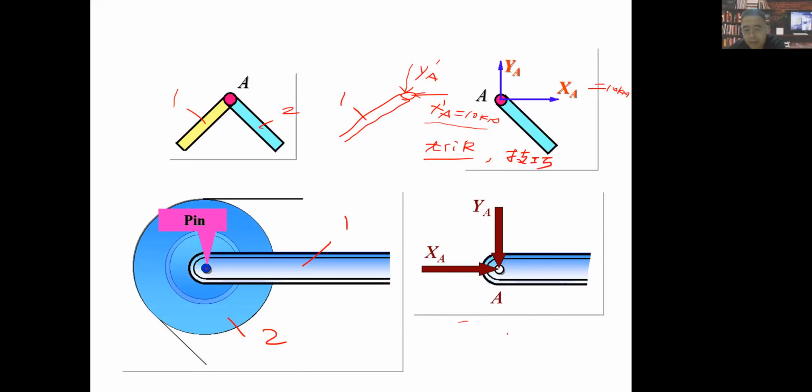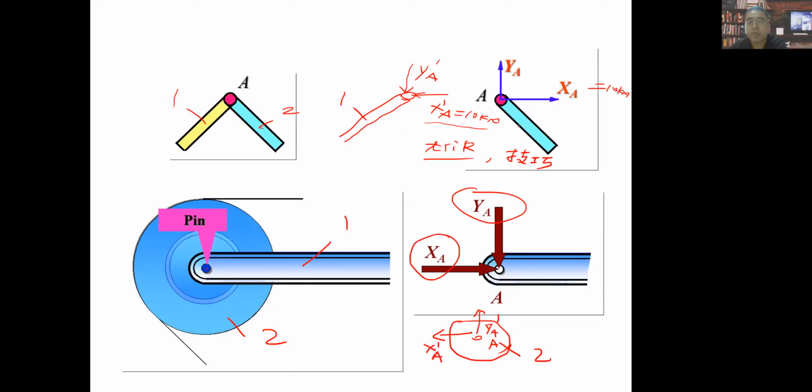Then the other time, if you try to select body 2, the wheel, to analyze, then because it has a common constraint here, also point A, you should draw like this: YA prime, which has the opposite direction from here, and XA prime, which has the opposite direction from here, right?